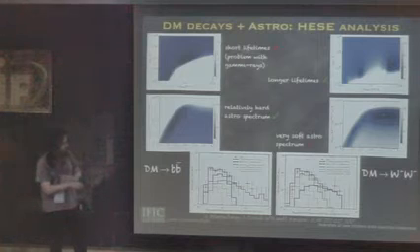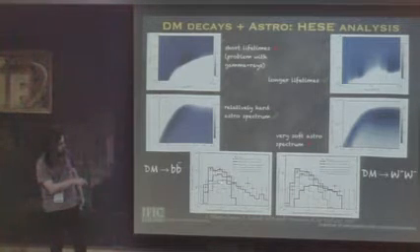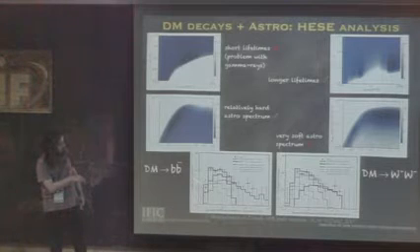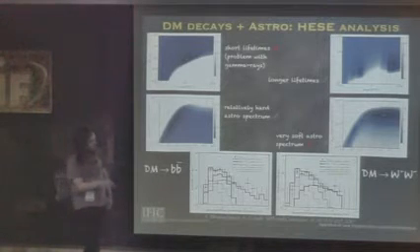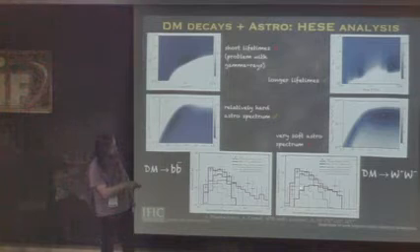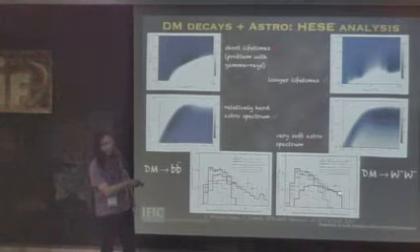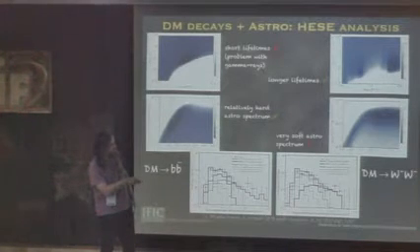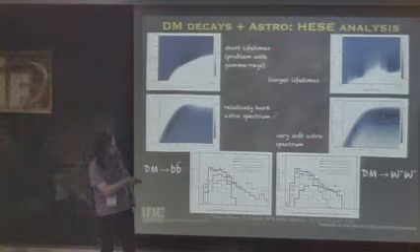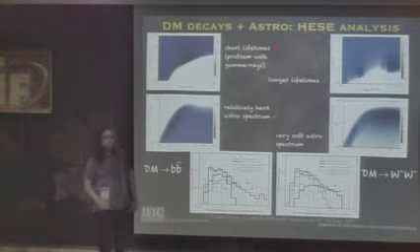So you see that the astrophysical contribution explains roughly the high energy events, and the dark matter decay explains the low energy events. On the hard channel, basically the dark matter decay explains the high energy events and the astrophysical contribution explains the lower, 100 TeV or so, events.